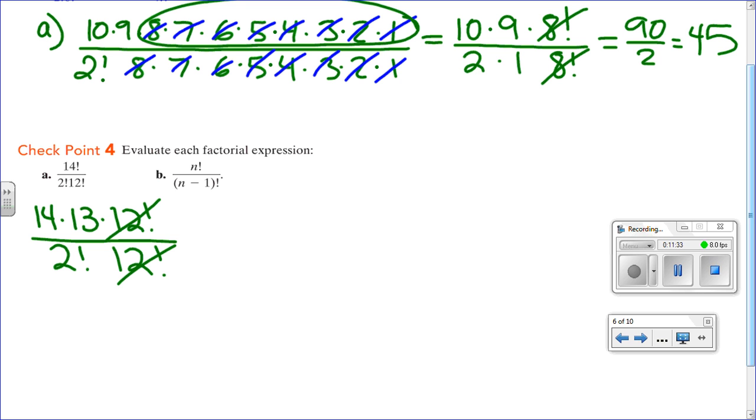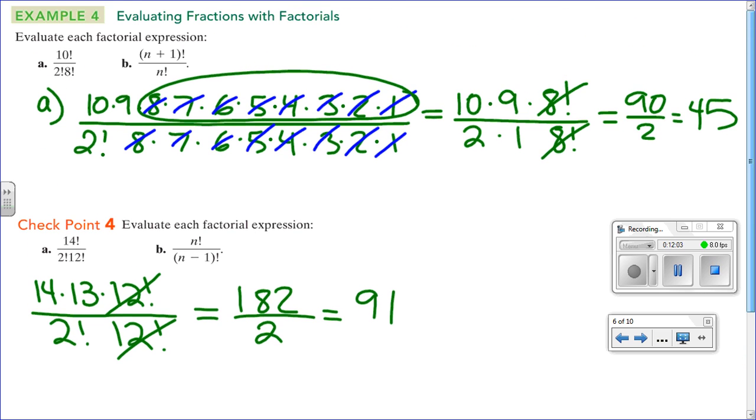So 12 factorial cancels top and bottom because that's equal to 1. And then here we just need to multiply 14 times 13. 182. Thank you. And 2 factorial is 2, so that will be 91.